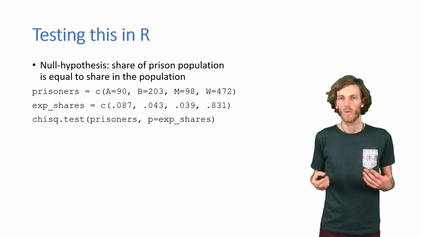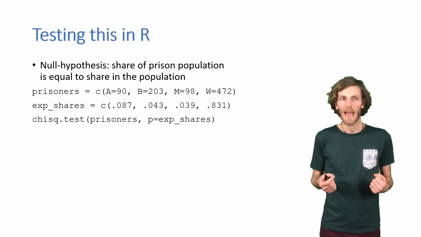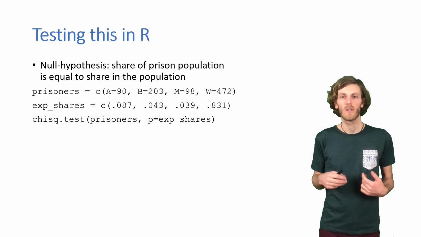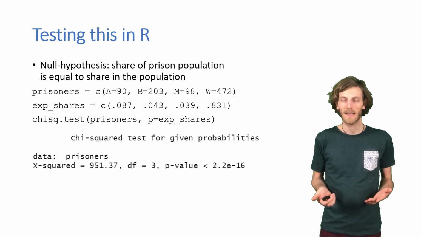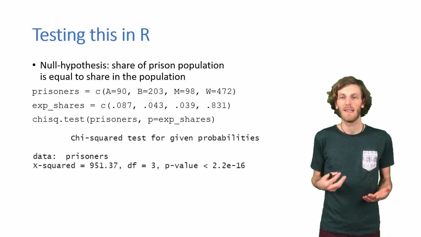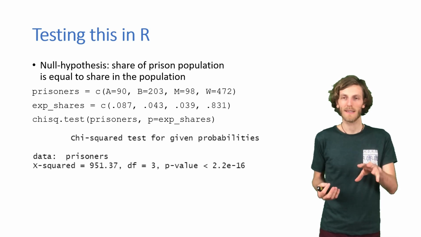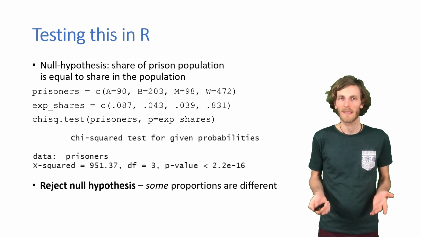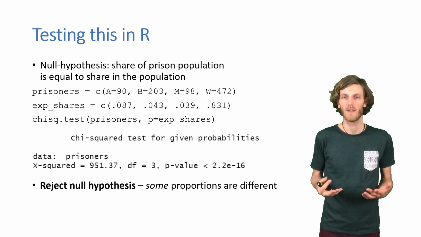For that, we need to specify the data, and we need to add the expected shares to the chi-squared test command, and we get a result that actually there's a big difference between the expected shares and our observed shares, so we can reject the null hypothesis and say some proportions are clearly different from others.